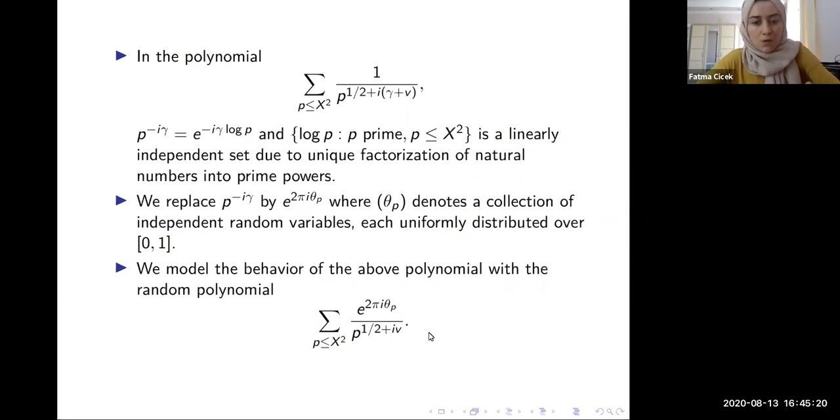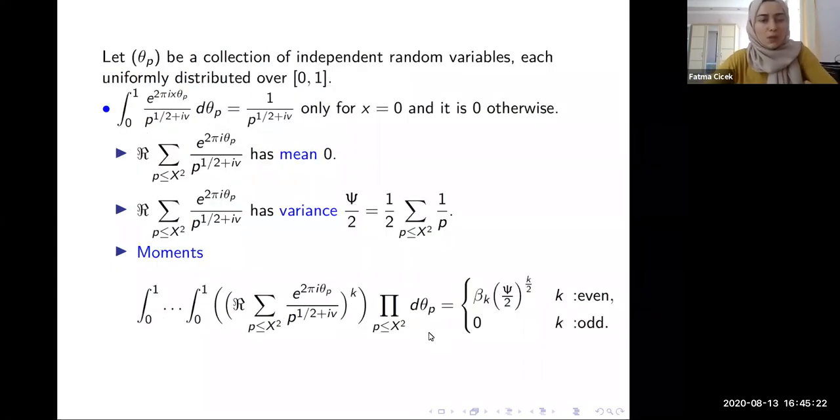So what about this random polynomial? This is our assumption on theta p. A nice property of this uniform distribution is that when you integrate over 0, 1, you will see that when x is non-zero, this will be 0.